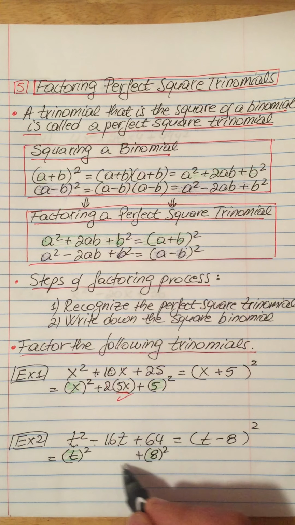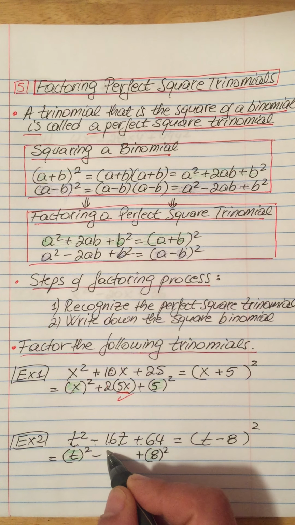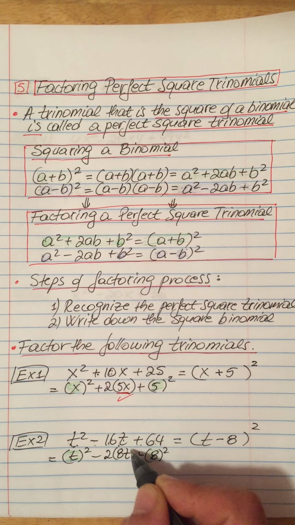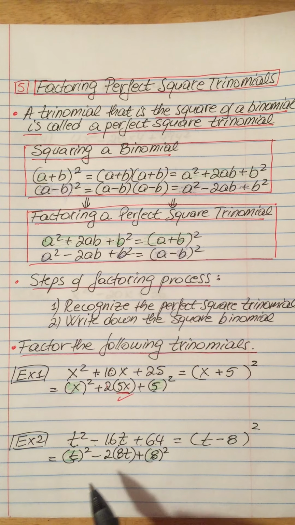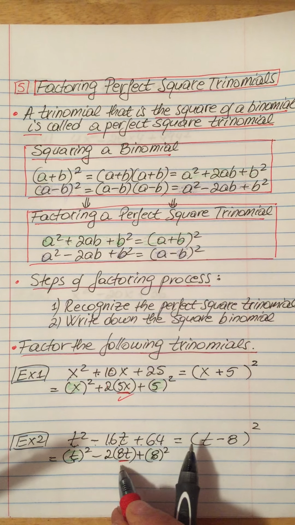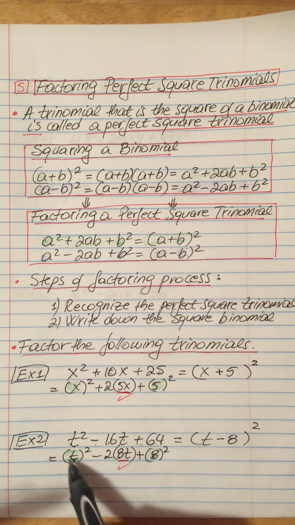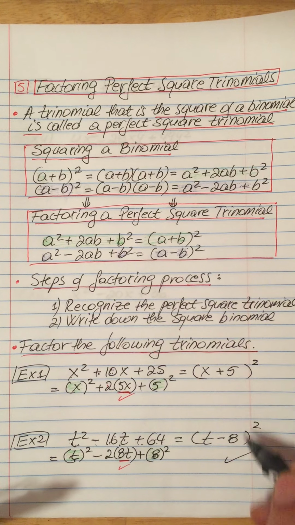And now I need the double of their product, so I have to divide 16 by 2. And 16 divided by 2 is 8, and I have to write t. Yes, 8 times t is 8t. Good. Now this is the product of my bases; doubled, you get 16 back. So, done.